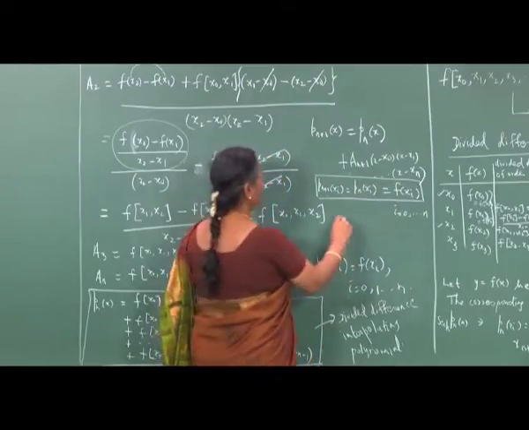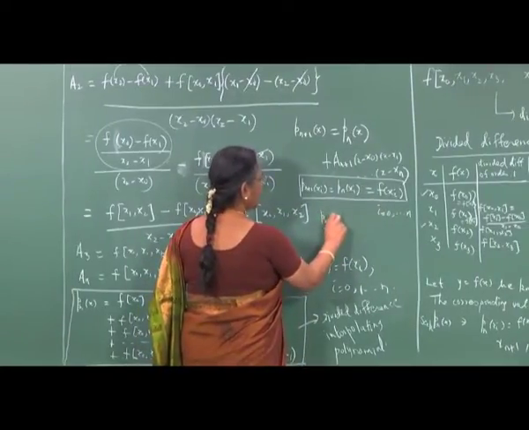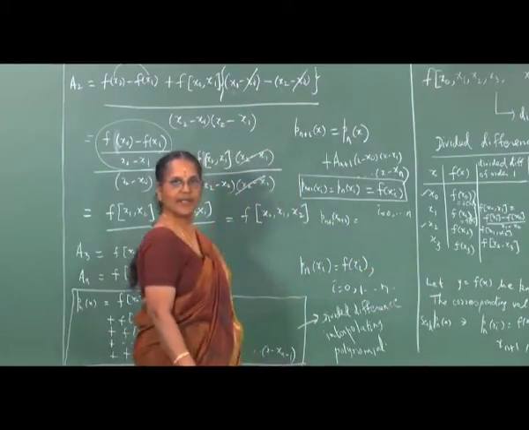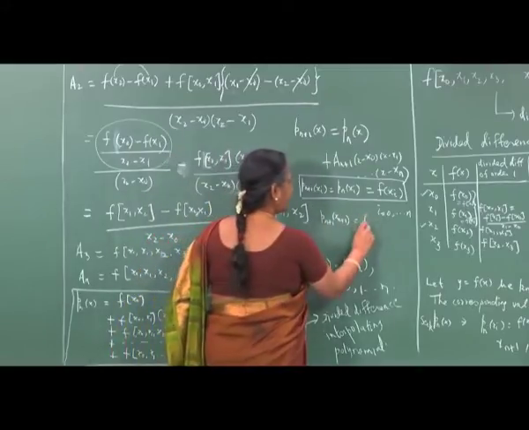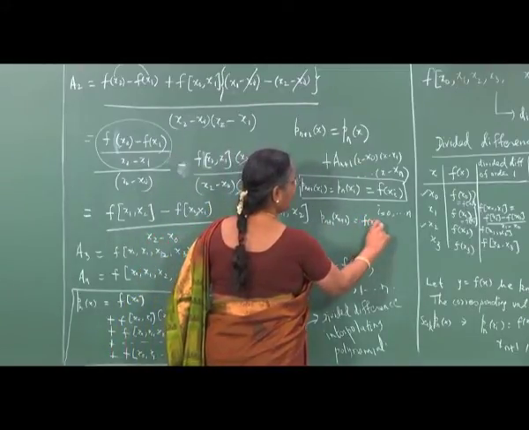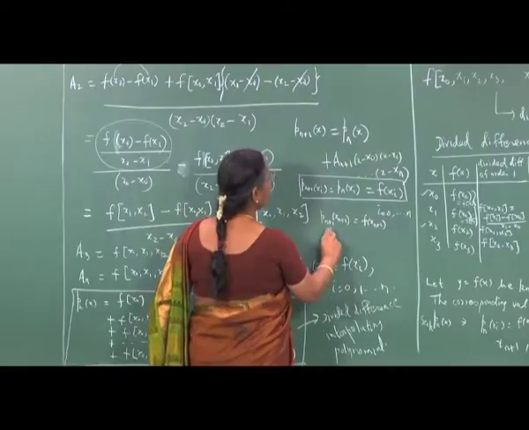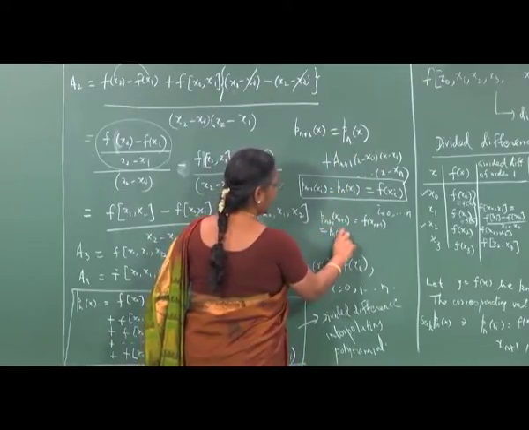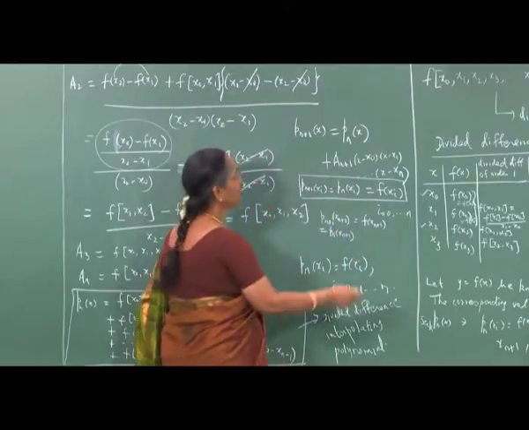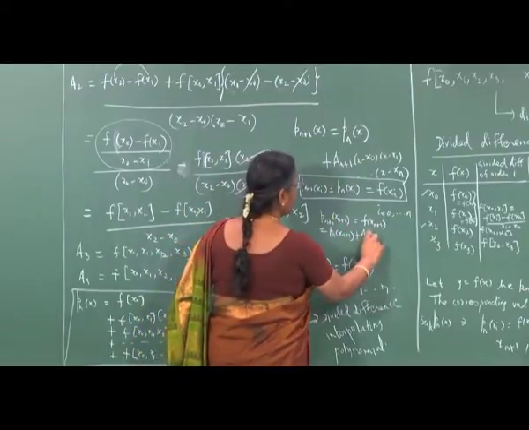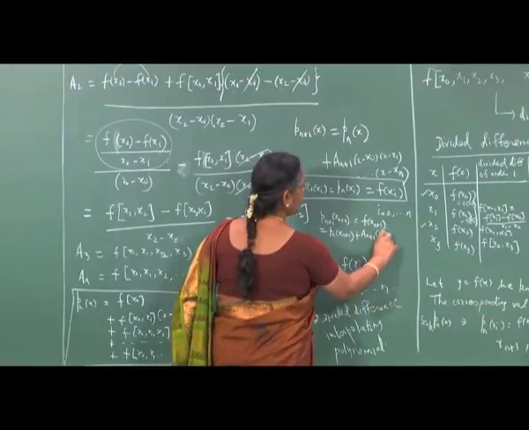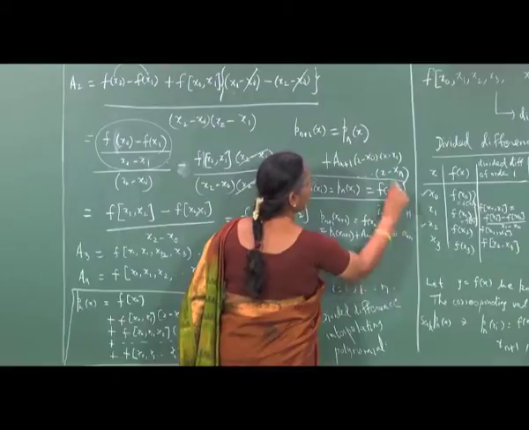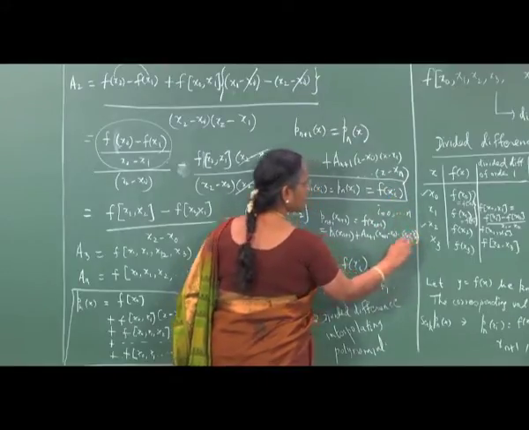So, now let us see what will be Pn plus 1 at xn plus 1 at which the additional information is given. It is given that it must be equal to f of xn plus 1, and so that must be equal to Pn evaluated at xn plus 1, which can be done, plus an plus 1 into xn plus 1 minus x naught etc. up to xn plus 1 minus xn.